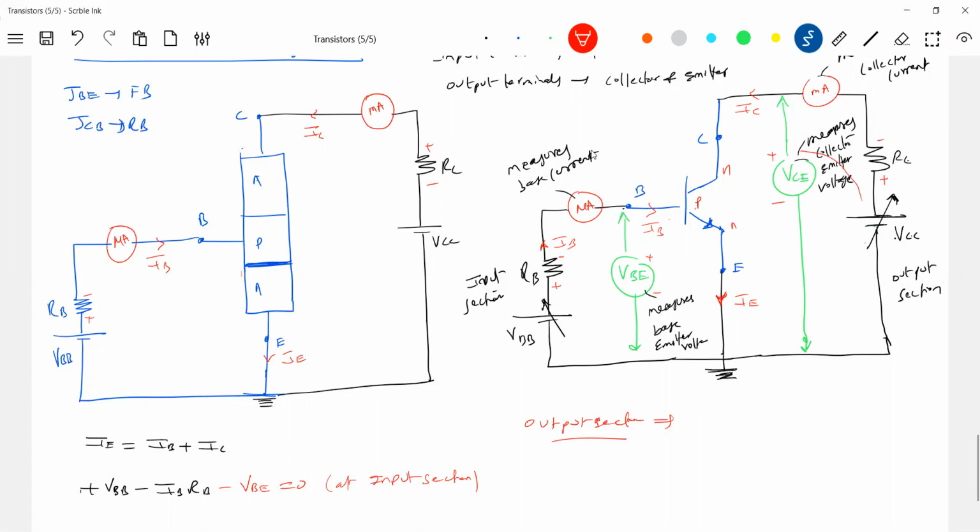So plus VCC minus ICRC minus VC equal to 0. This is the loop equation: VCC minus ICRC minus VC equal to 0.